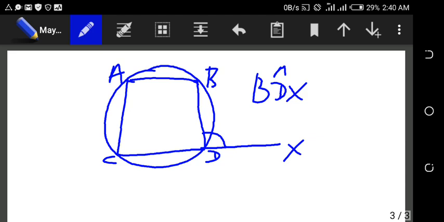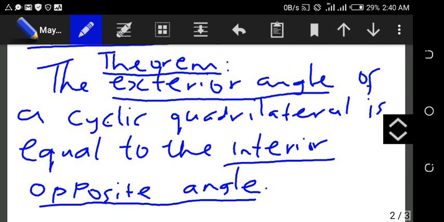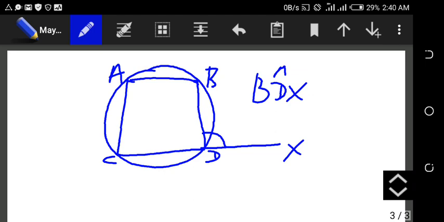And let's have a look at our theorem again. The theorem states that the exterior angle of a cyclic quadrilateral is equal to the interior opposite angle. So we have identified what the exterior angle is. Now the theorem says that it is equal to the interior opposite angle. Interior means the angle inside, but it is not only inside, it's also opposite to this angle that we have here.